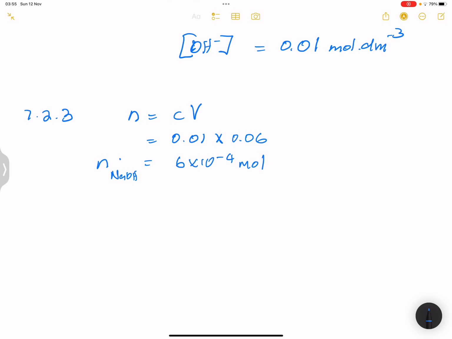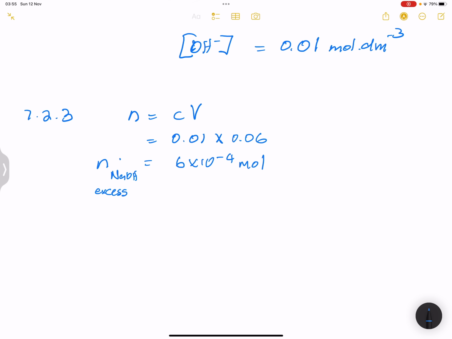So now what we're going to do is, which number of moles are these? These are the excess ones that remained unreacted after the two neutralized each other. They reacted with each other, but some sodium hydroxide was left unreacted.